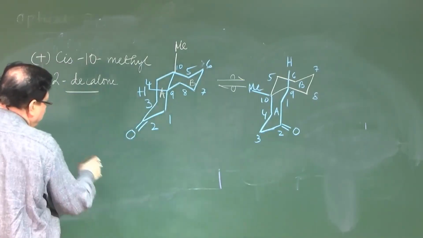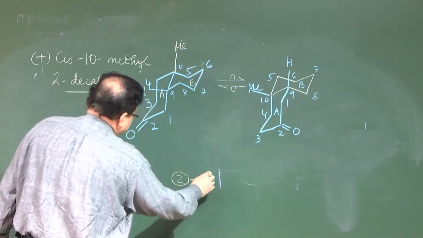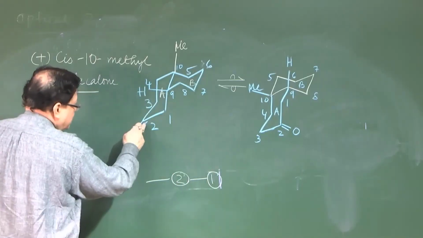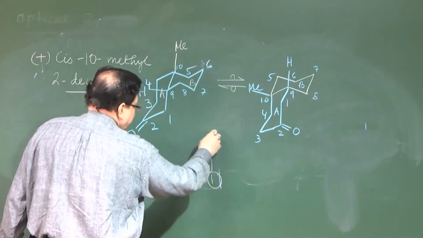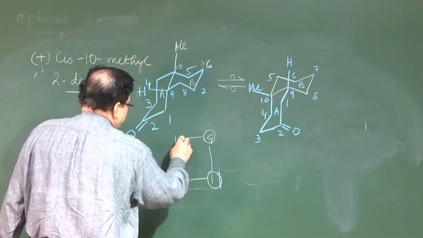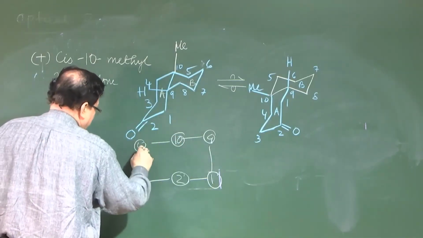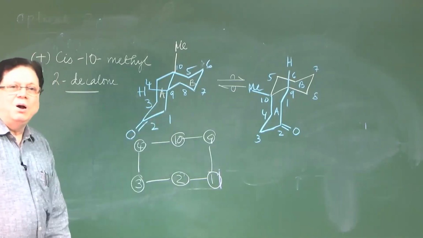So, you try to draw it. This is your C2 carbon, this on the right side will be 1, whatever you are seeing is correct, because it is occupying the head of a chair. This is 3, and then 1 goes to 9, 9 goes to 10, 10 goes to 4, and this. Okay. So, you have completed the projection of the A ring.